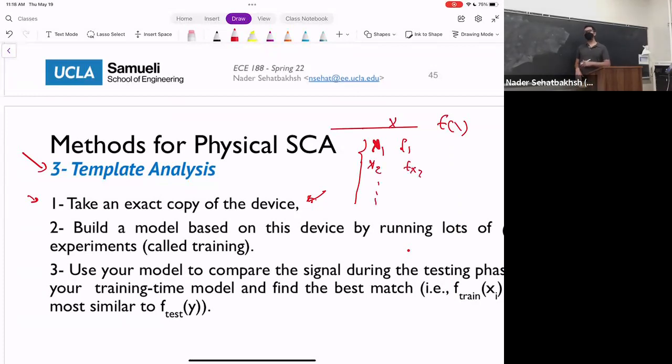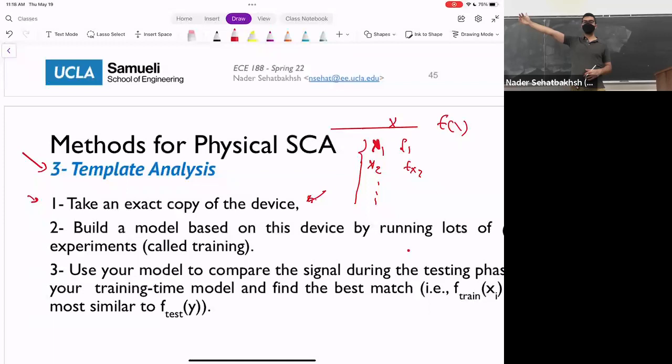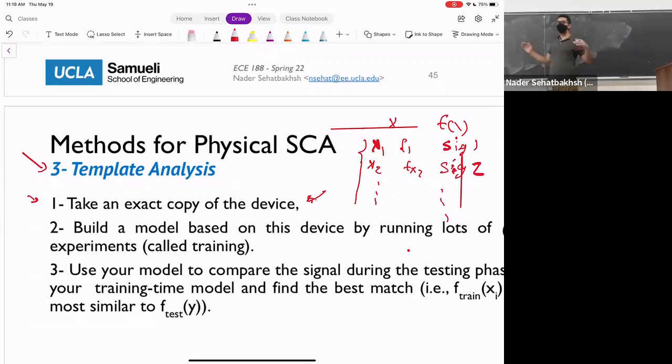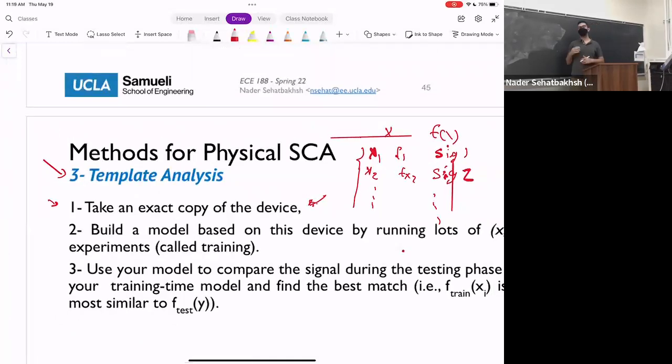And nothing prevents me from running a large set of these x, f of x pairs, because I'm the attacker and I have access to the replica. I know what x1 is. I feed x1 to f, and then I get f of x1, and I also get signal 1. I get signal 2, and so on and so forth. So I have all the three things that I want: f of x, x, and the signal.